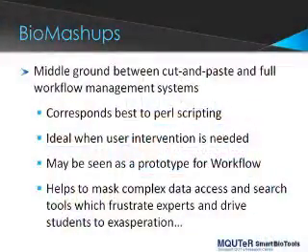So BioMashups, we're arguing, sits at the middle ground that I identified before, corresponding to scripting. So it's ideal when there's some user intervention needed. It can also be seen in many respects as a prototype for workflow. We can see ourselves in an exploratory way linking tools together and then deciding, well, yeah, I want this, but I want it in a more robust fashion, and then taking it away and implementing it properly in one of the other systems.